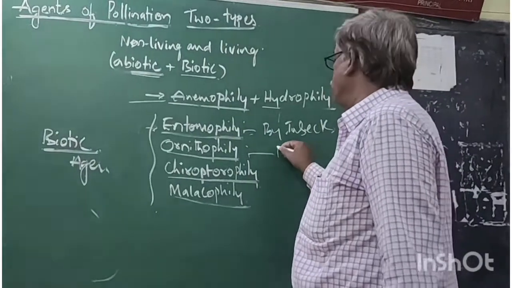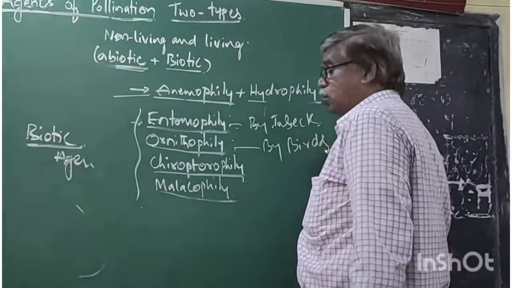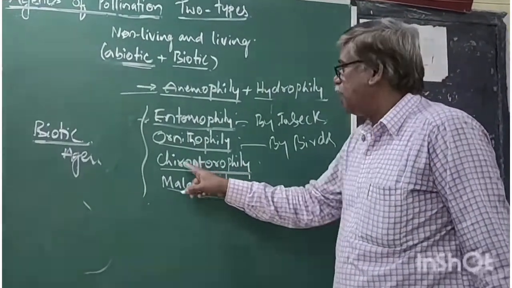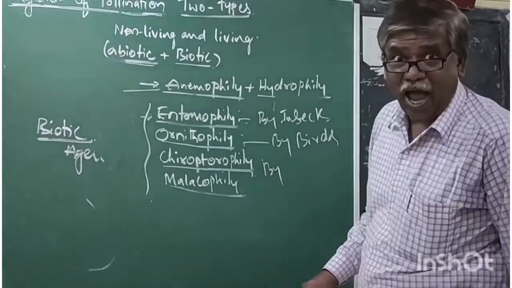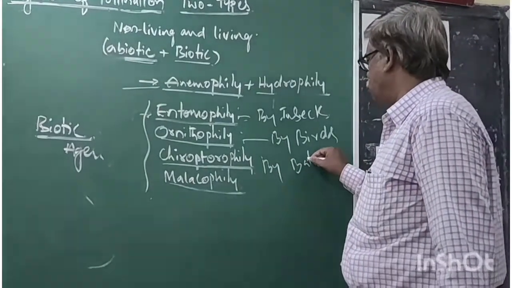Now, entomophily, if the pollination is by insects. Ornithophily, if the pollination is by birds. Chiropterophily, if pollination is by bats, flying mammals.